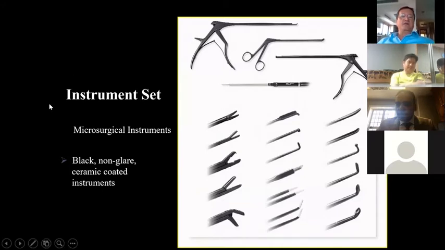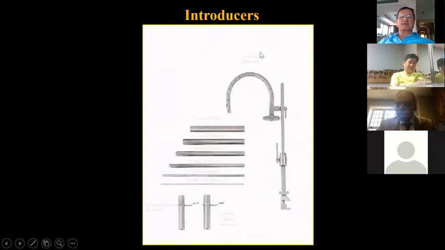It's better to have black, non-glare ceramic coated instruments, so that you are more comfortable under the microscope light. This is the flexible arm and table-mounted part. These are the dilators, and this is the tube.